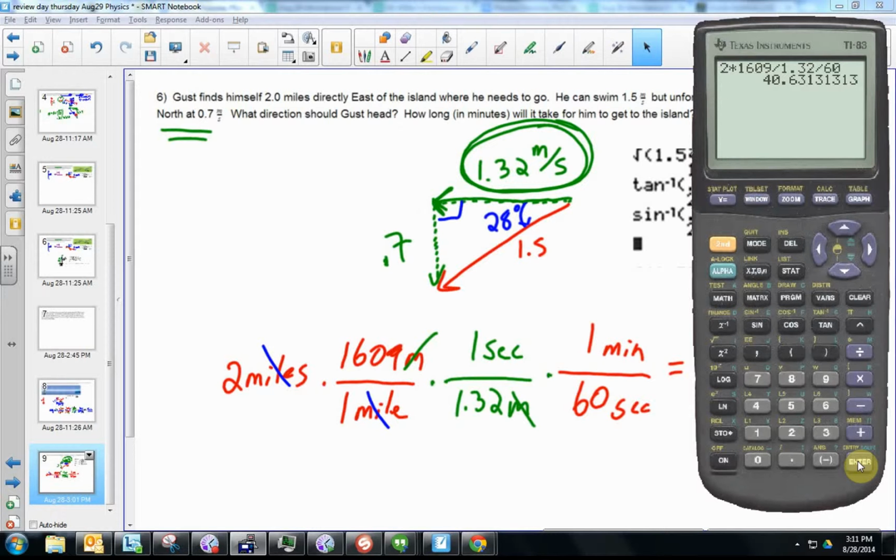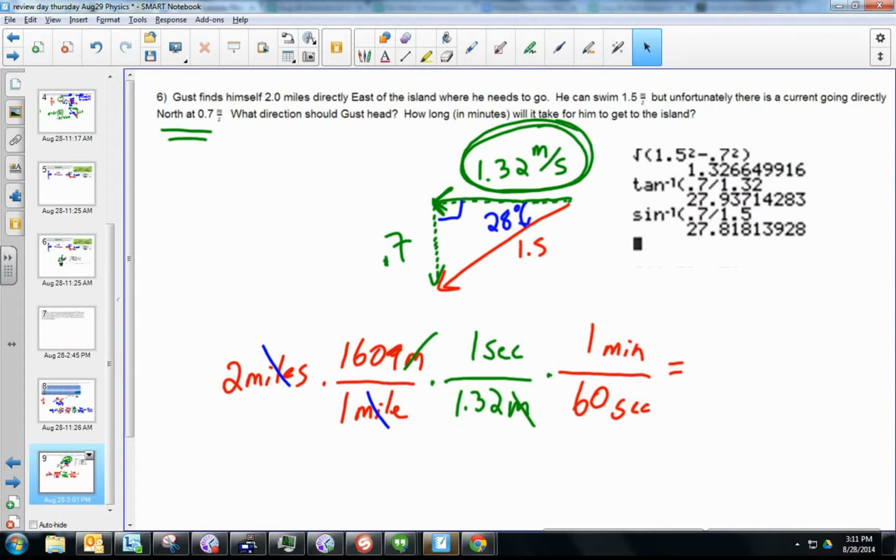Did you use the 1609? Yeah, me too. I got the exact same answer as you got on your calculator. Okay, sweet. So let's just say 41 minutes, and that is how long it will take him to get to the island.